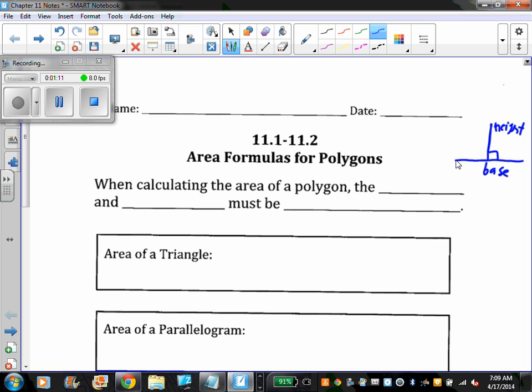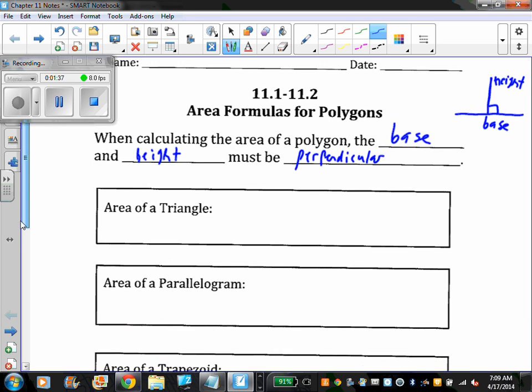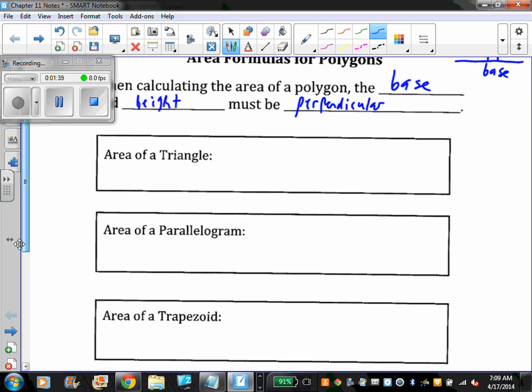So when calculating the area of a polygon, the base and height must be perpendicular. They have to be, otherwise they are not base and height. It doesn't work if they aren't that. So that is how that's going to work. Let's move on to the formulas.